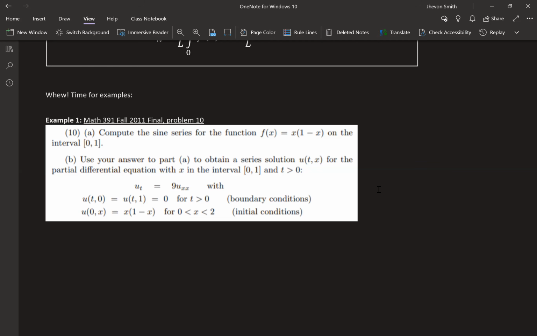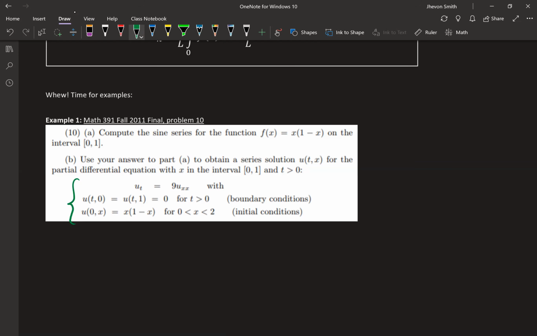Here you will notice that they gave us a boundary value problem, much like what I was describing to you earlier. Here your alpha squared equals 9.